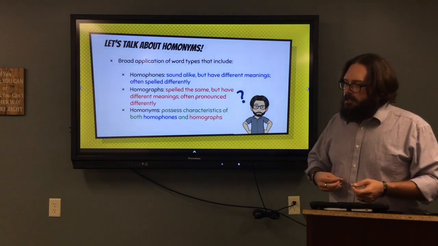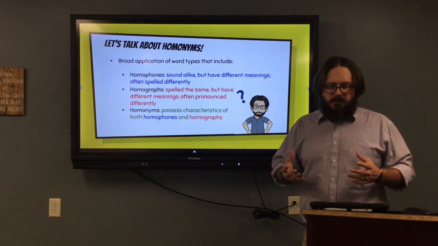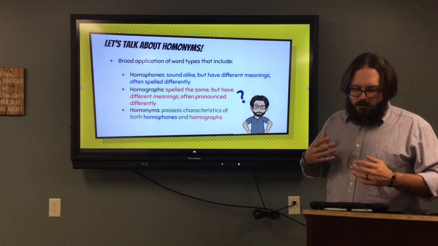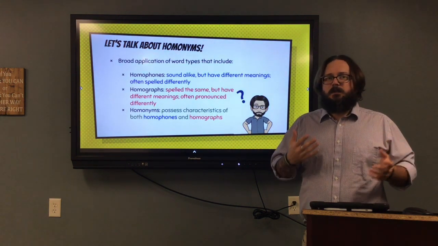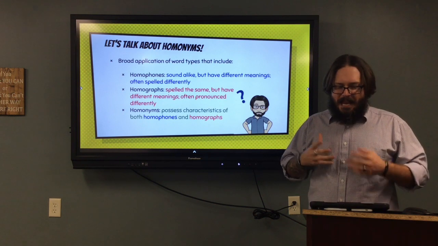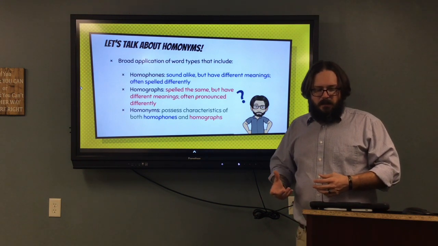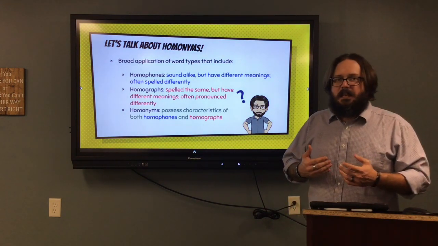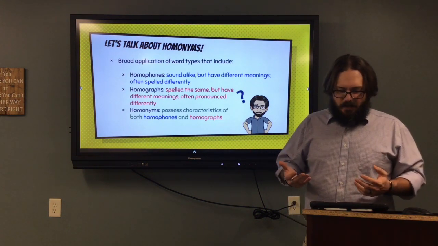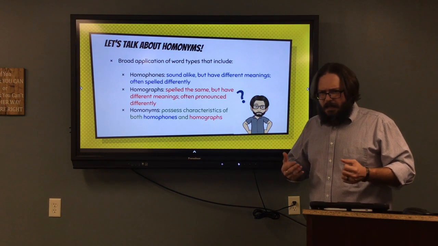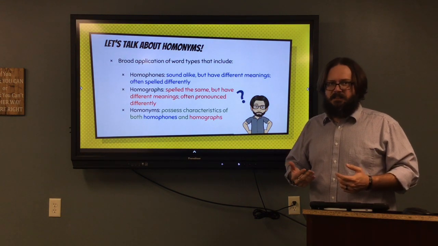And then finally, we have homonyms, which possess characteristics of homophones and homographs. So we can have words that have the same spelling, that do sound alike, and have different meanings.